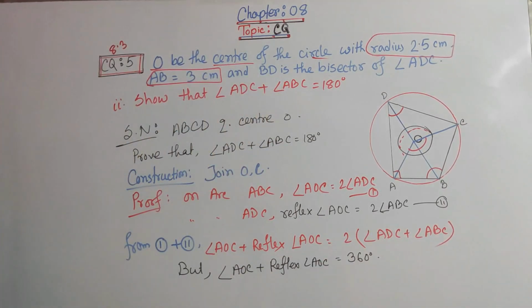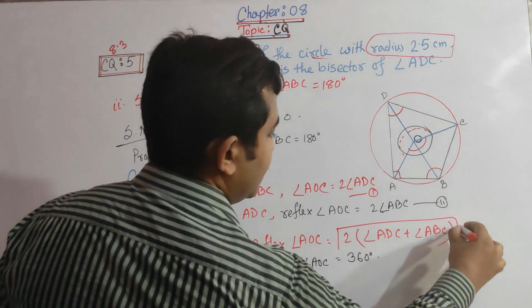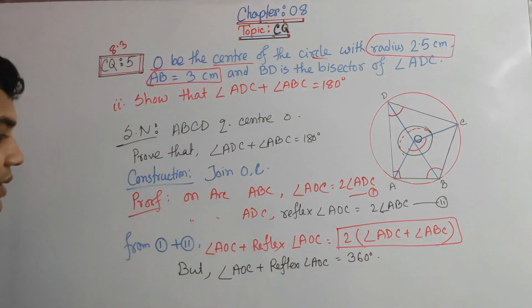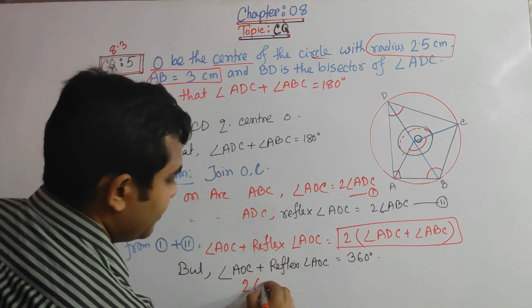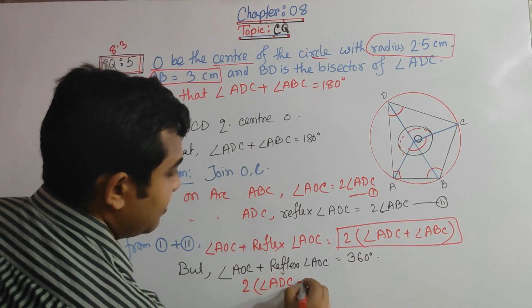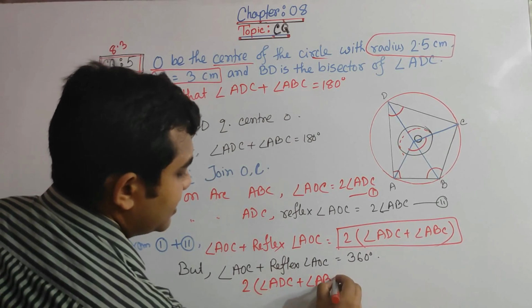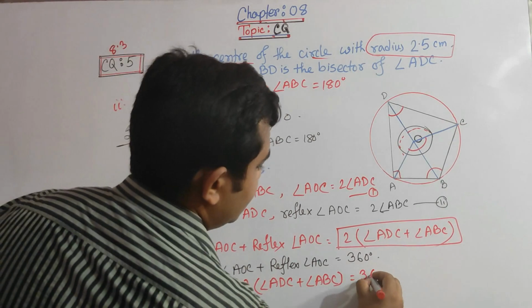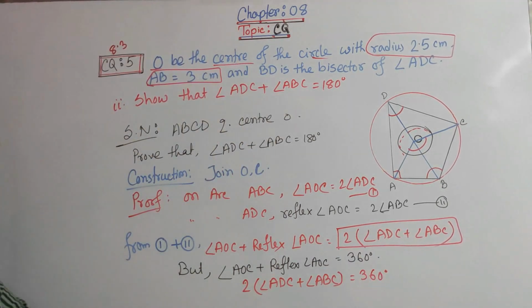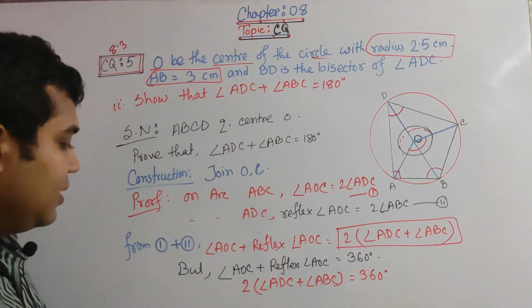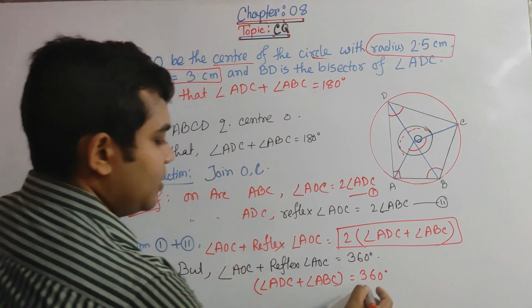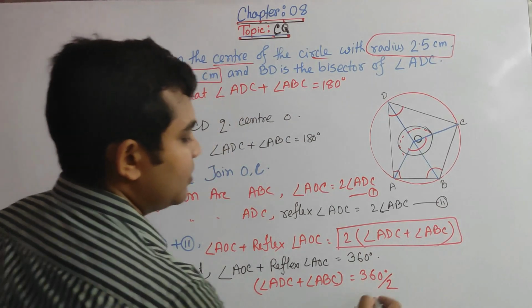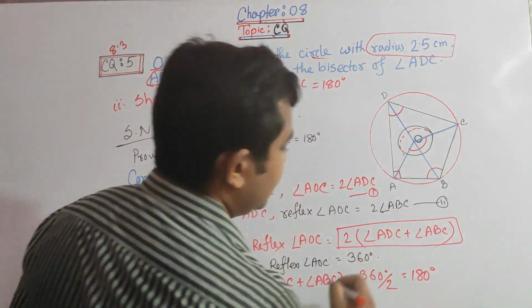Then we can say that this part is equal to 360 degrees, that is 2 into ADC plus ABC is equal to 360 degrees. Since 2 into this is 360 degrees, this should be divided by 2, that means 180 degrees.